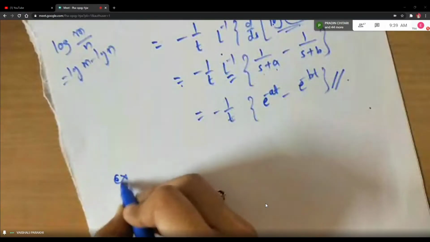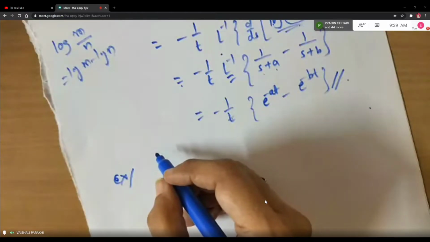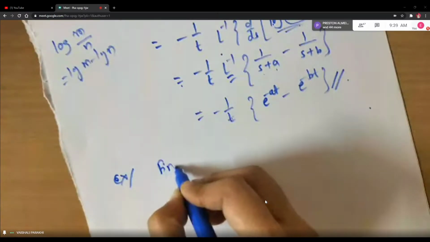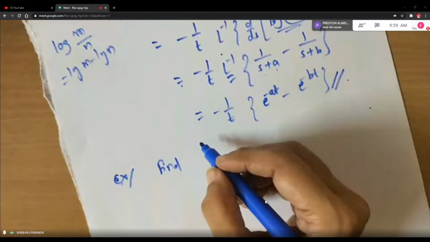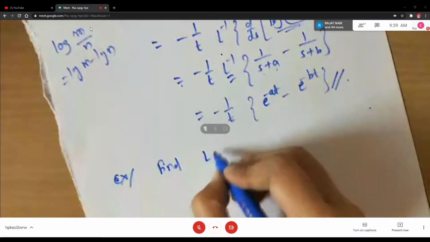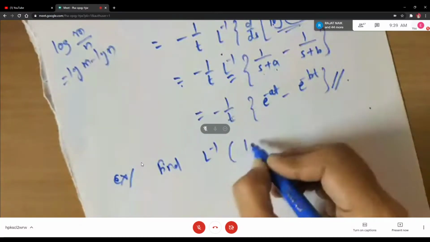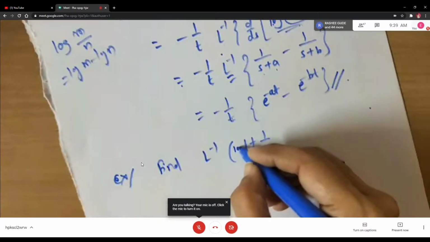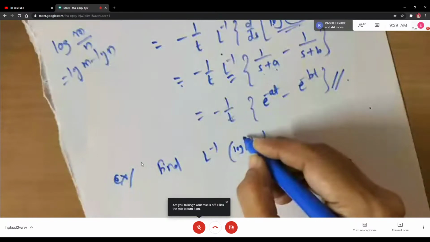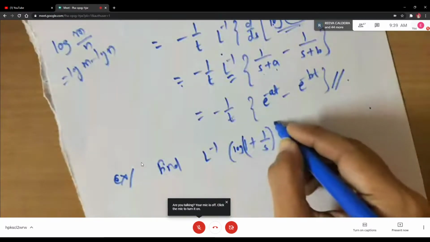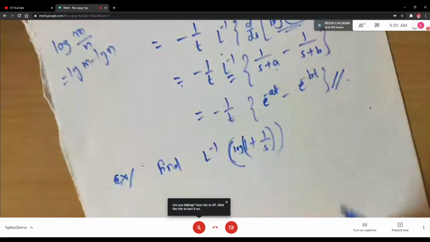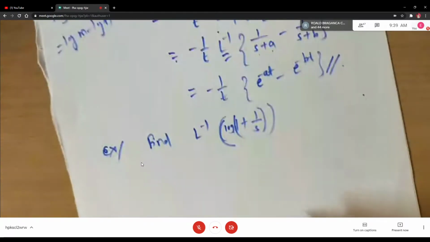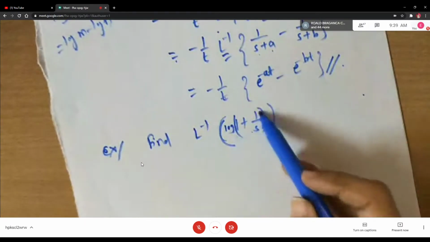Now let us do the next problem. Find L inverse of log of 1 plus 1 upon s.